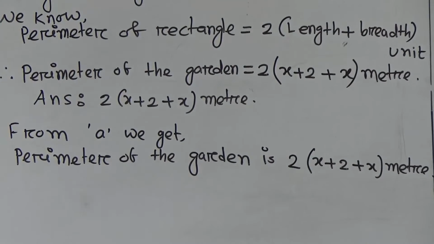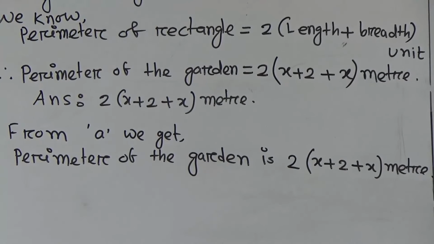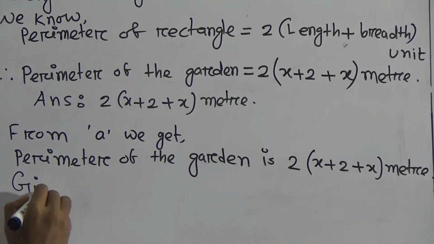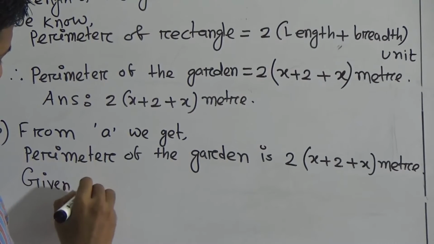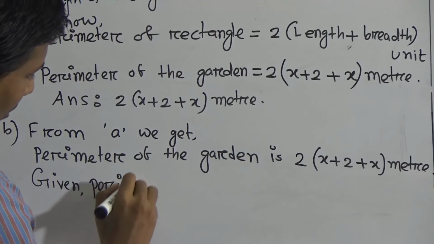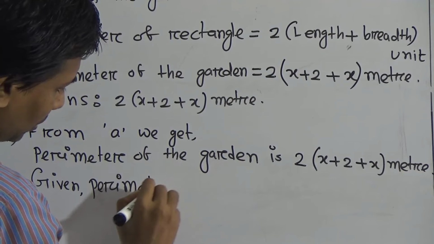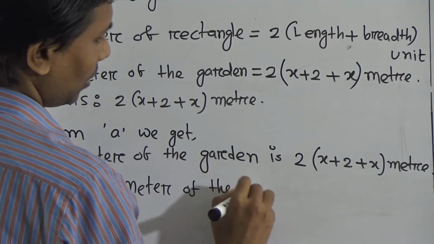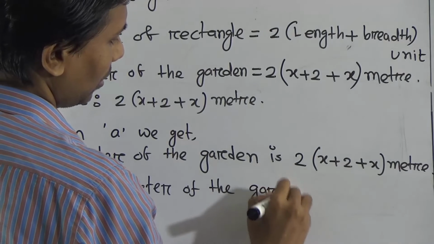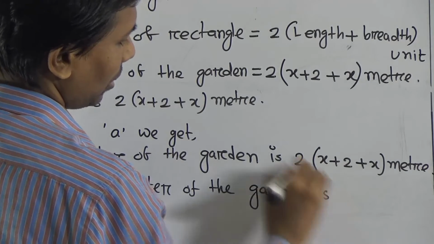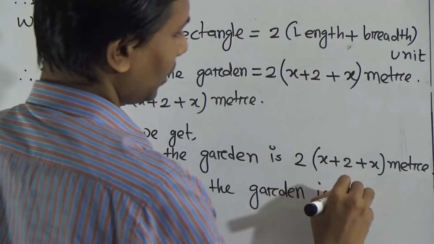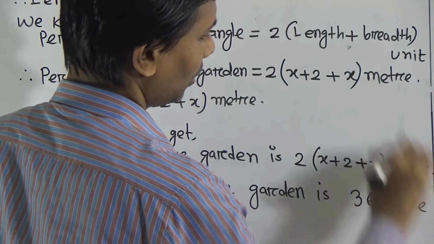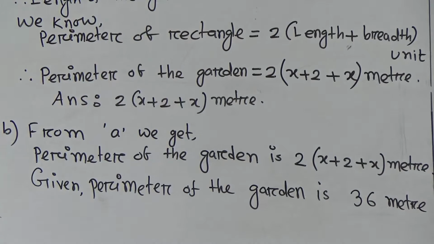Now you see the given information is perimeter of the garden is 36 meter. Right here, given: perimeter of the garden is 36 meter.